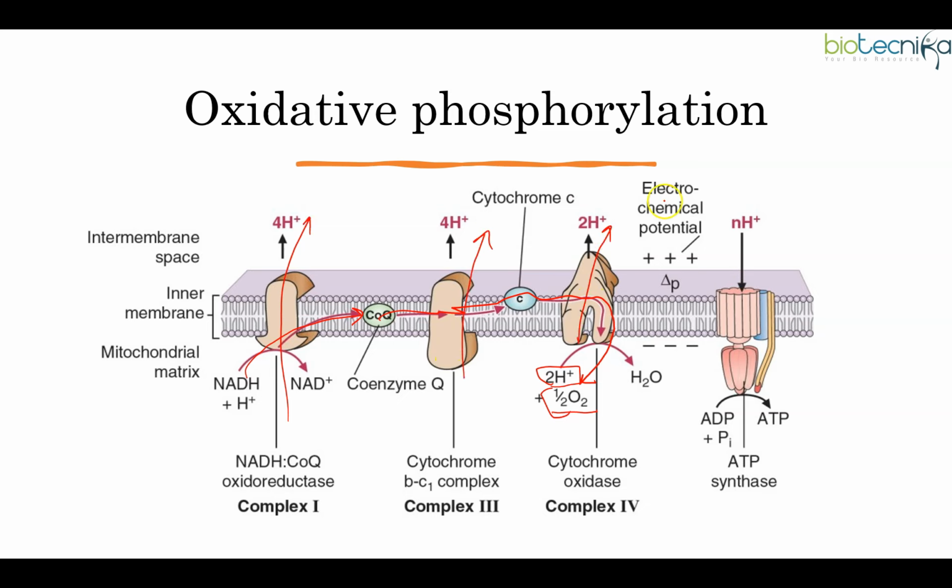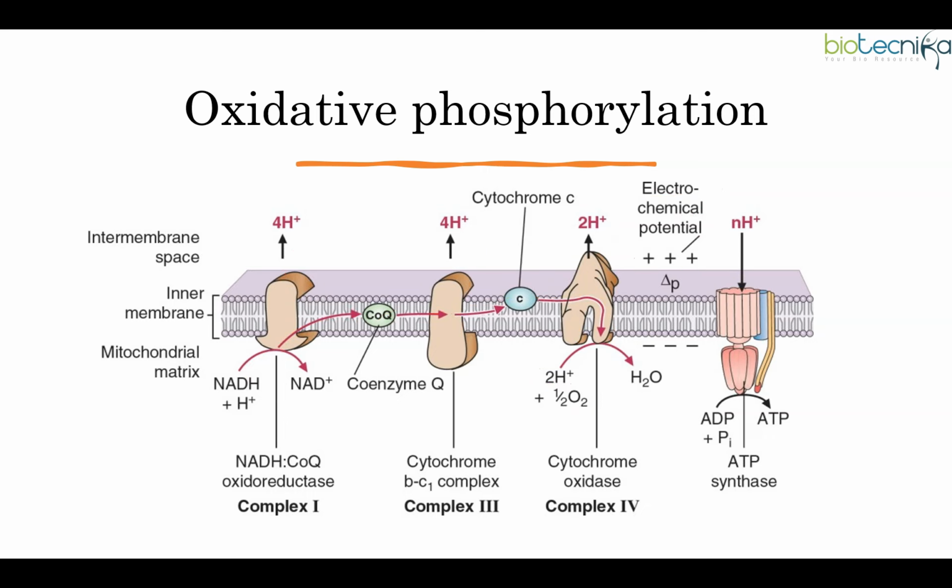This leads to the formation of a positive proton gradient, which is an electrochemical potential. Electro because this is regarding the charges, and chemical because it is regarding H plus ions. We know that the H plus ion will impact the acidity, the pH, of the environment. That is why it is called electrochemical potential.